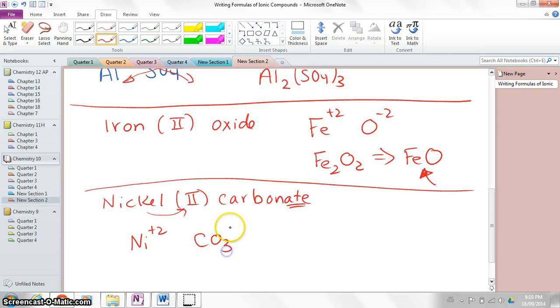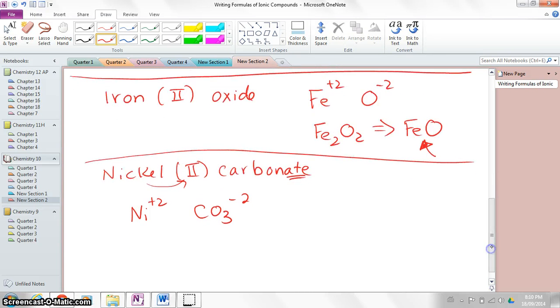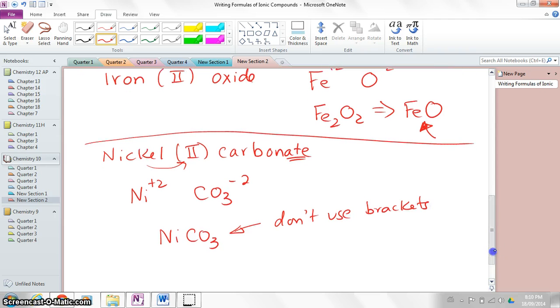Carbonate is CO3 with a -2. You look on your table of polyatomic ions. So how many do we need of each? Just 1. We don't use brackets if there's just 1 polyatomic ion. Chemists just don't want to put brackets if there's only one.